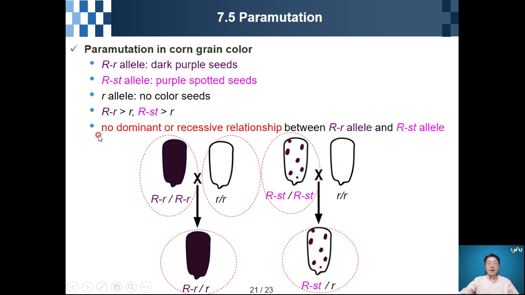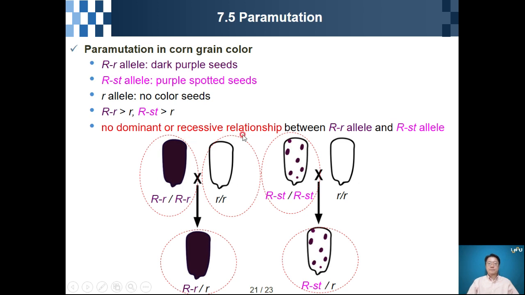However, there is no dominant or recessive relationship between the large R dash small r allele and the large R st allele.